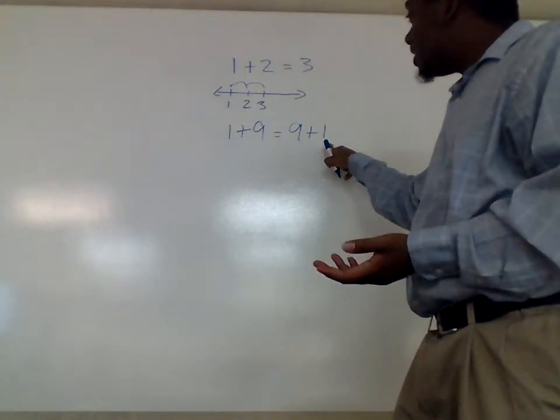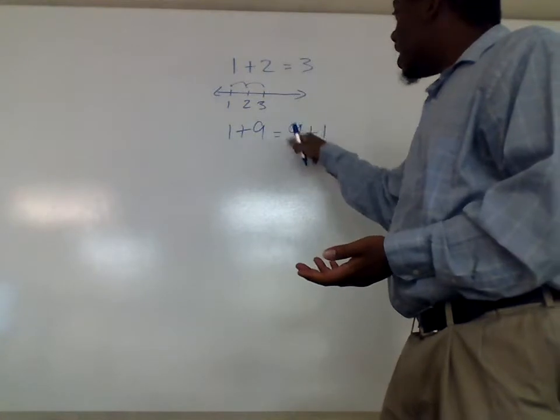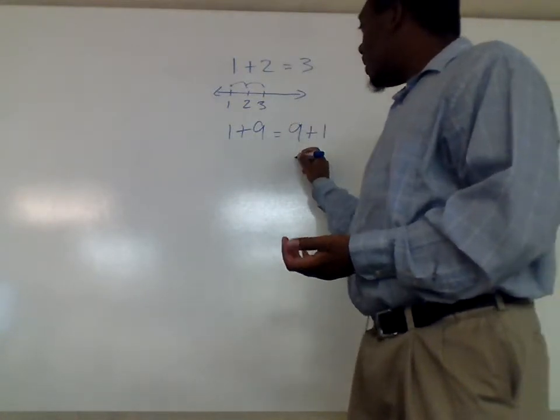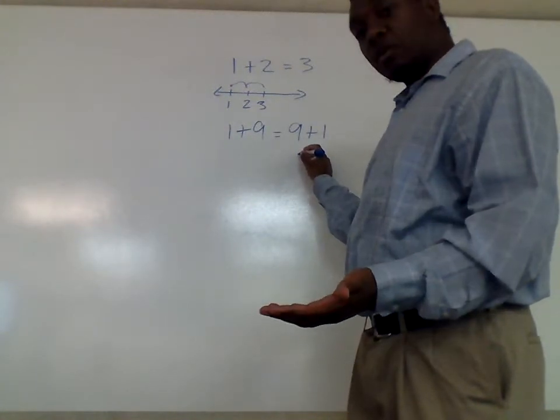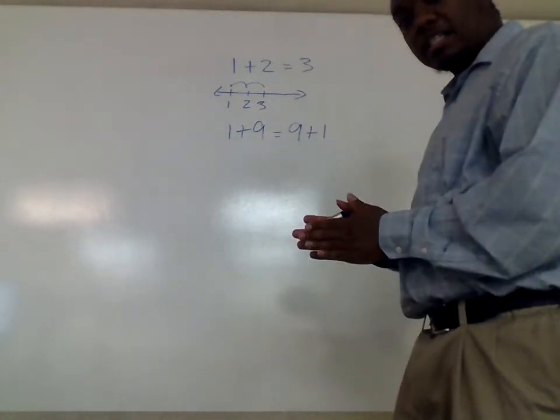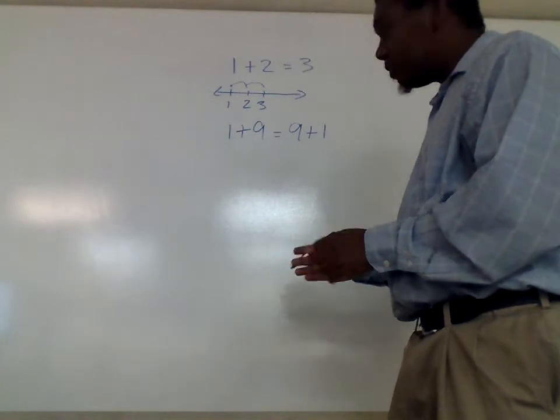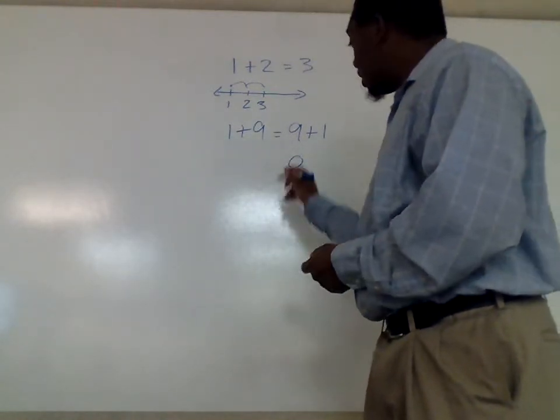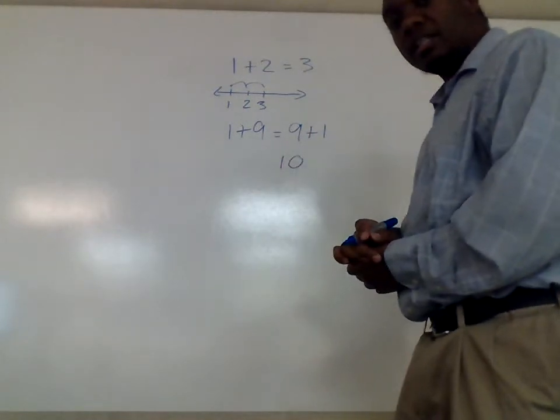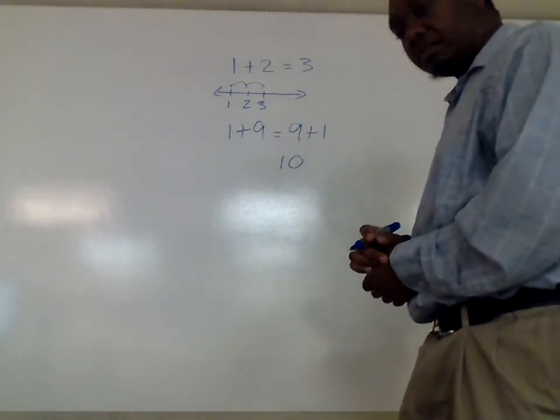But when I do this, it is 9 ones. When I increase it, I now have 10 ones. Well, when I write that, I can't have 10 ones because each place value has to go from 0 to the number 9. So I would put 0 ones, and I would have 1 ten. So 1 plus 9 would be 10.